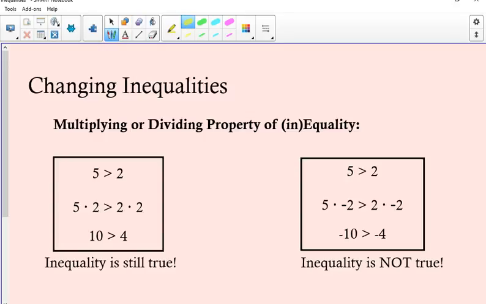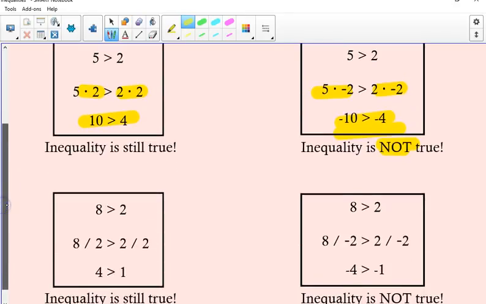When we look at the inequality property of multiplying or dividing, again, if we divide both of these sides by 2, it's still true. But if we divide them by a -2, it is no longer true. Okay? So we have a condition we have to meet when we're multiplying or dividing.